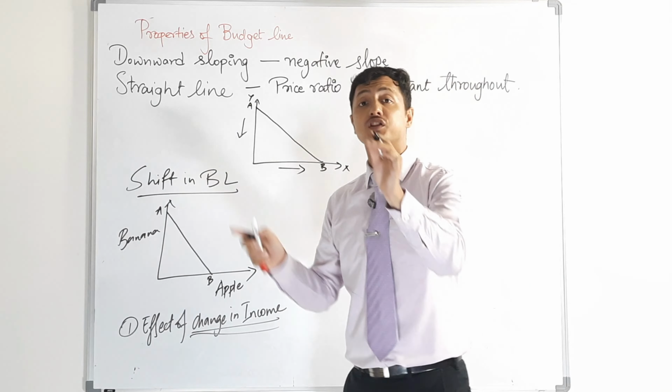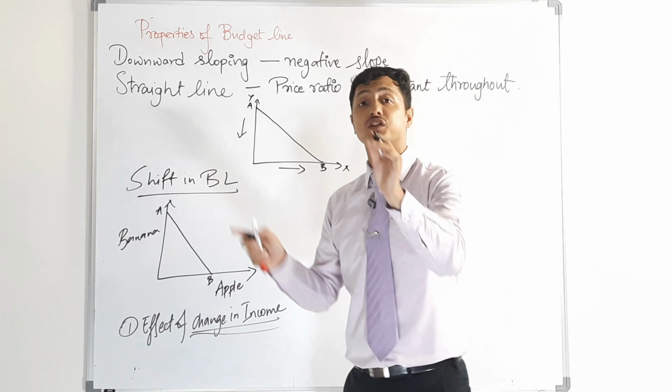So the budget line will shift towards the right. And if the income of the consumer diminishes, then the budget line will shift towards the left. If the income increases, the budget line will shift towards the right.